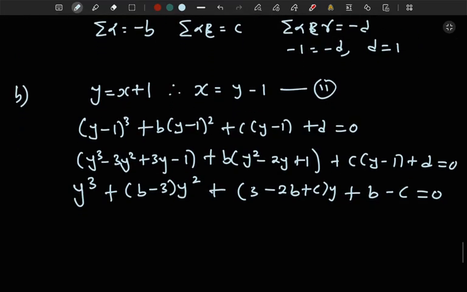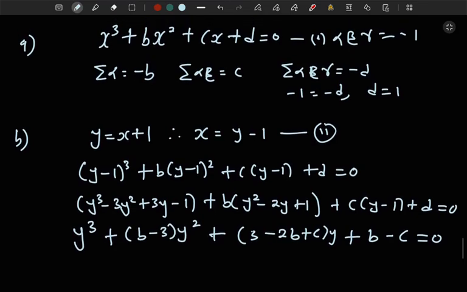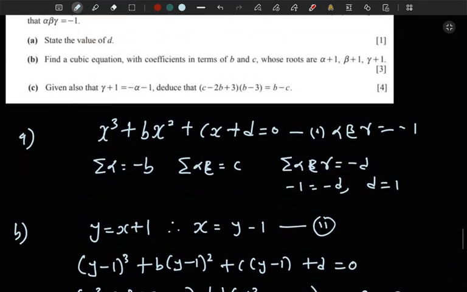Now that we've established that this is going to be the equation, we can label it as equation 3, because it's most likely that we are going to use it to find the last question here, where it is given that gamma plus 1 equals minus alpha minus 1, and you should deduce that this equals minus b.